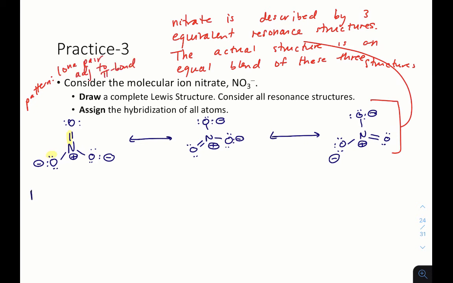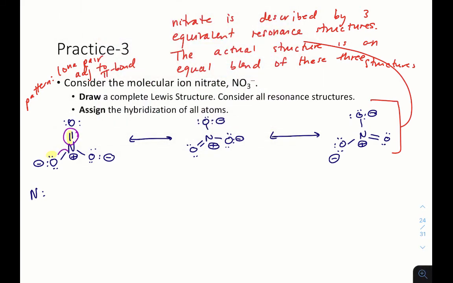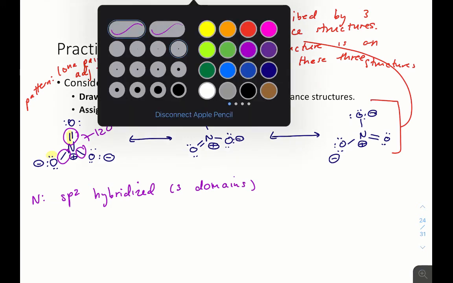Now, assigning the hybridizations, I think nitrogen is the most straightforward. There are 3 electron domains on nitrogen, so nitrogen is unambiguously sp2 hybridized. And in fact, there are 120-degree bond angles for nitrogen in nitrate.